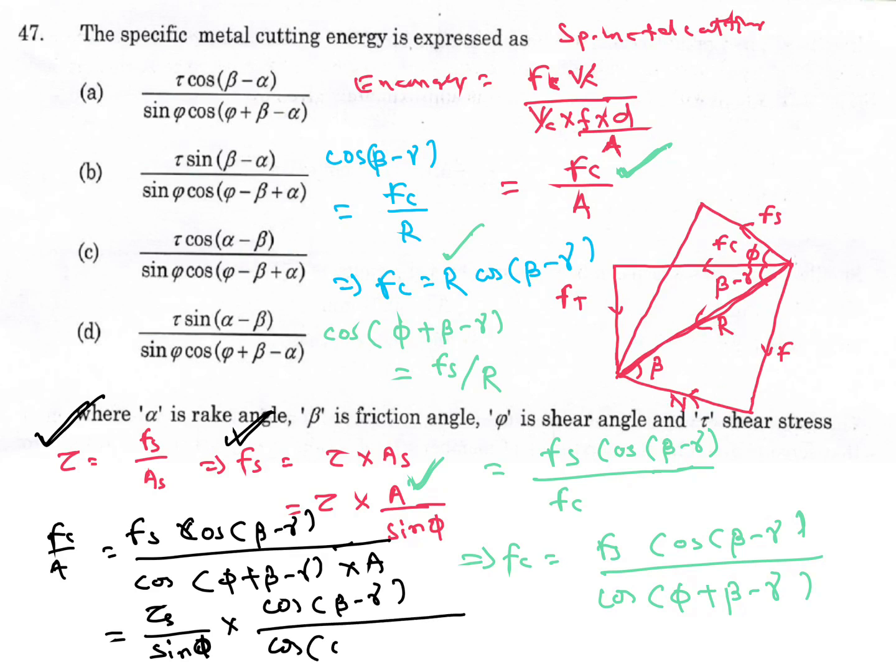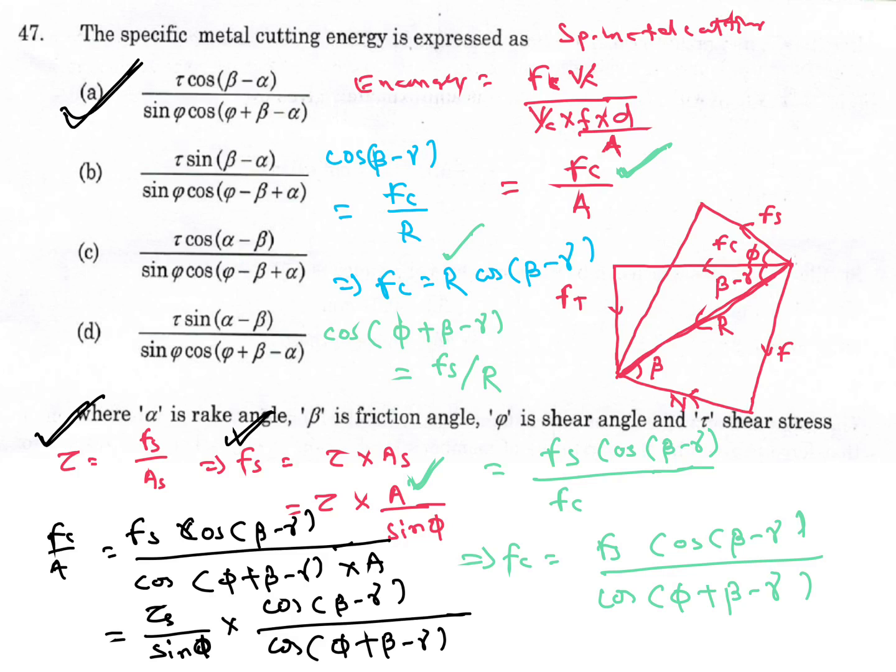This is your answer. So from the options, tau is your shear stress, tau cos beta minus gamma divided by sin phi into cos phi plus beta minus gamma. A is your correct answer.